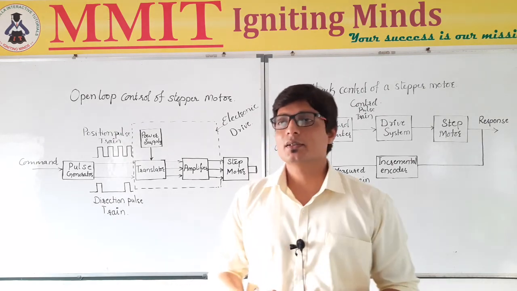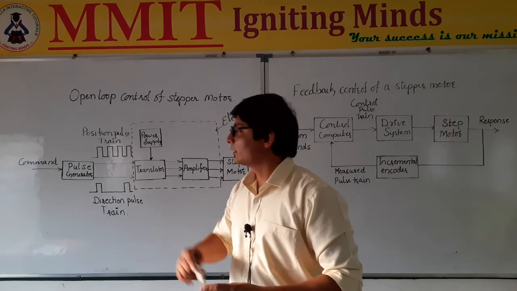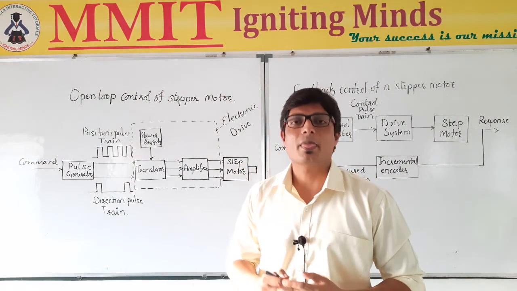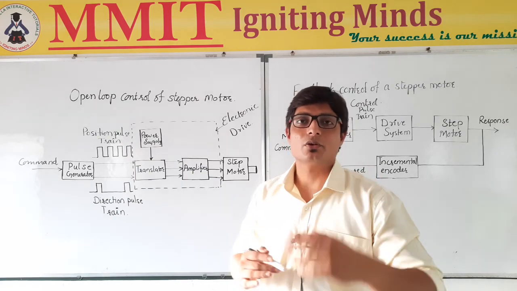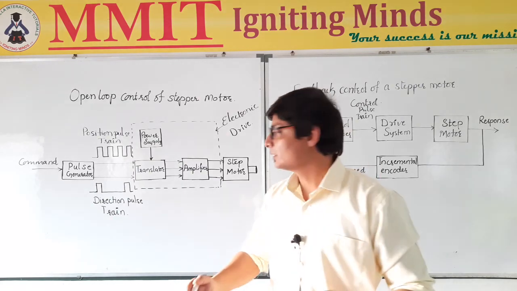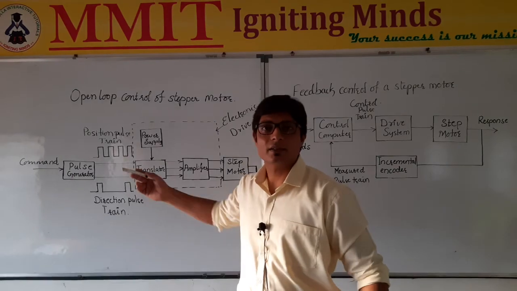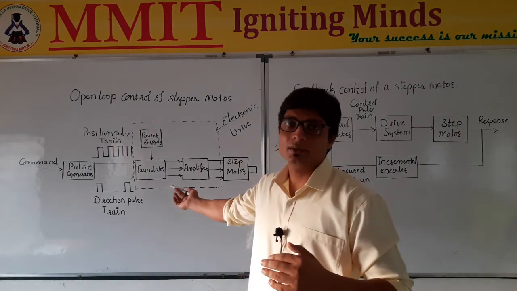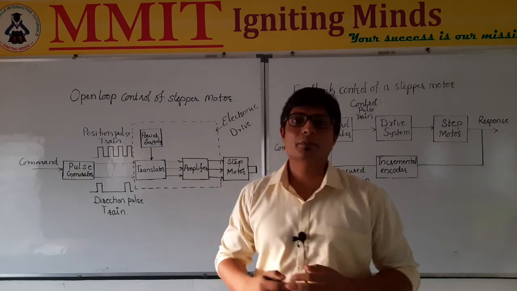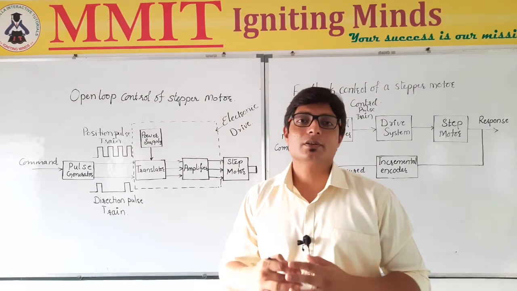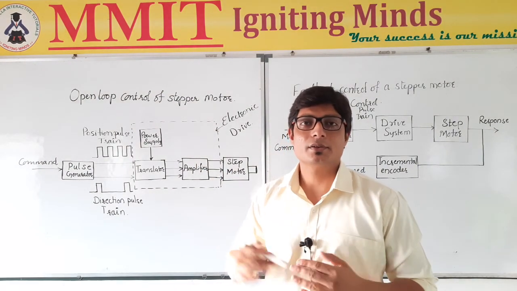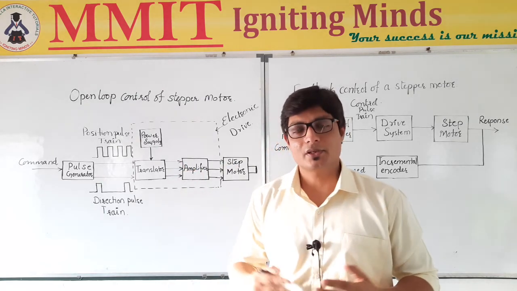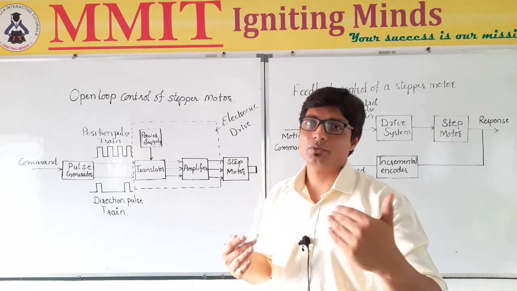Simply, here a command is given to the pulse generator that sets the number of steps and also the direction of rotation of the step motor. Then the pulse generator generates a train of pulses, which is given to the translator. The translator is a simple logical device which distributes this pulse train to the various transistors connected in the stator winding, which act as switches.